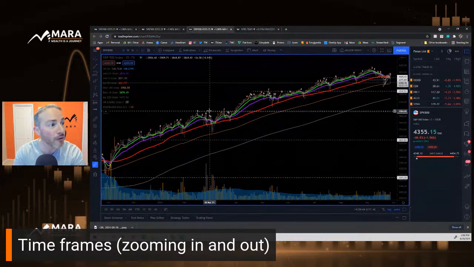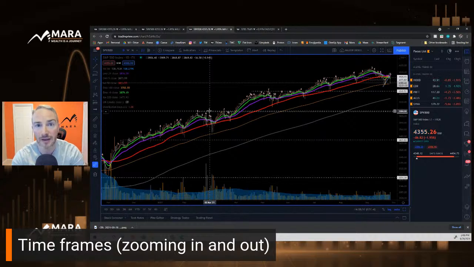What this helps you do is gain perspective. It helps you keep that longer-term trend in mind, and it helps you stay calm and not get shaken out inappropriately.